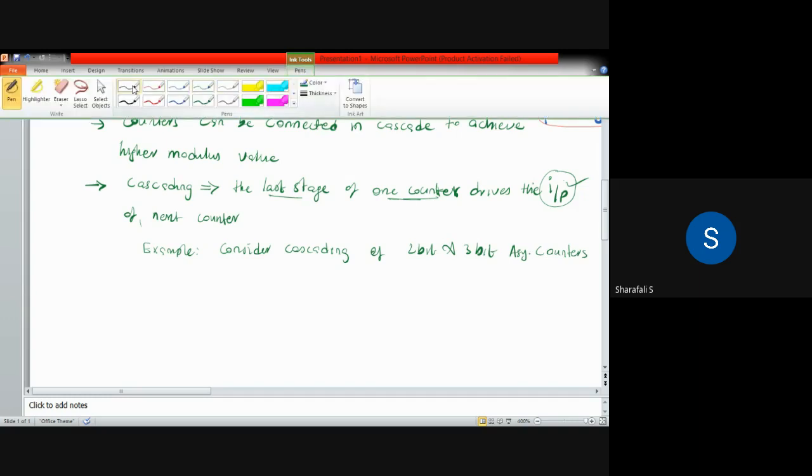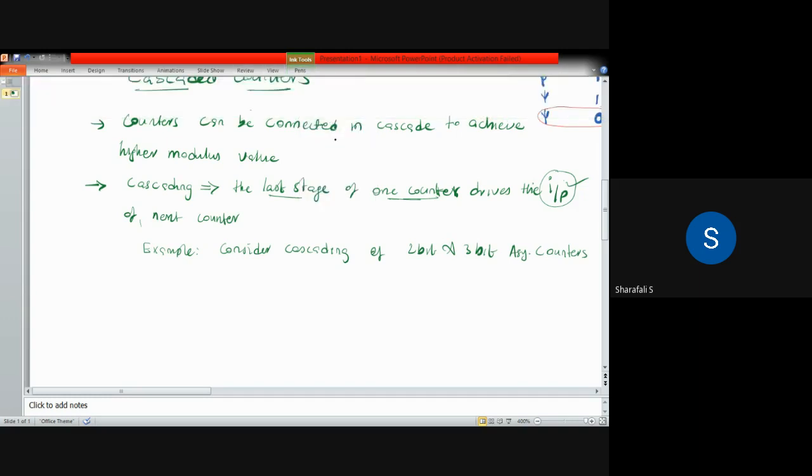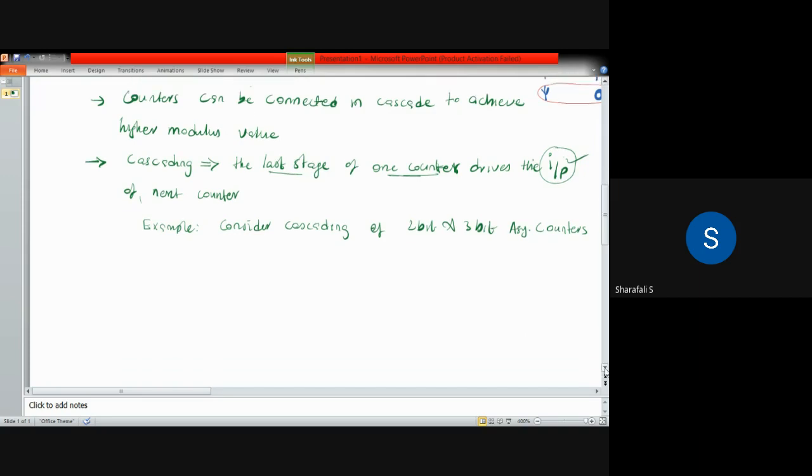In this case, what will be the mode for the 2-bit counter? The mode for the 2-bit case will be 2 raised to 2, which is nothing but 4. And the mode for the 3-bit will be 2 raised to 3, which is equal to 8.